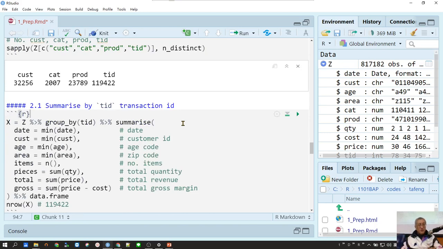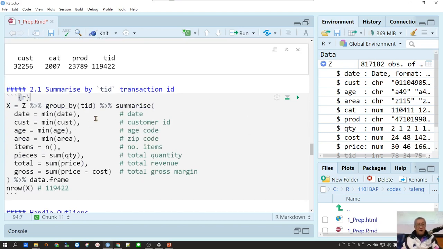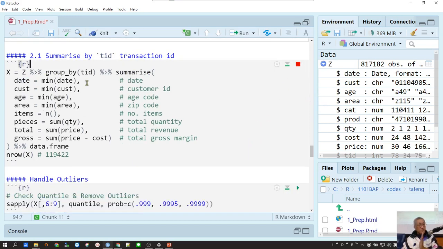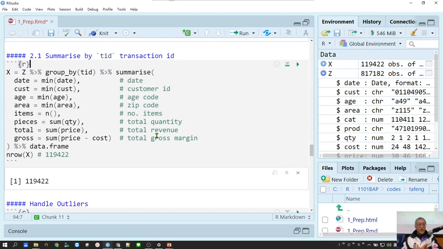So now I do the group summary. If you have a sense of business, for every transaction, you have a lot of things that you would like to know. What is the date? Who is the customer? What is the age group and area of this customer? And then the number of items in that transaction.